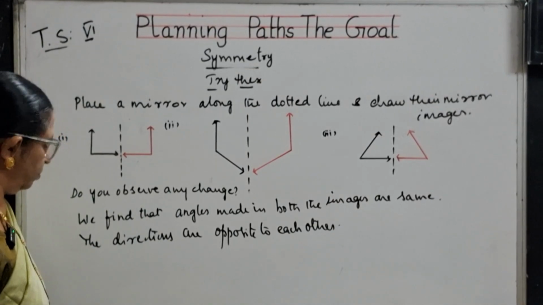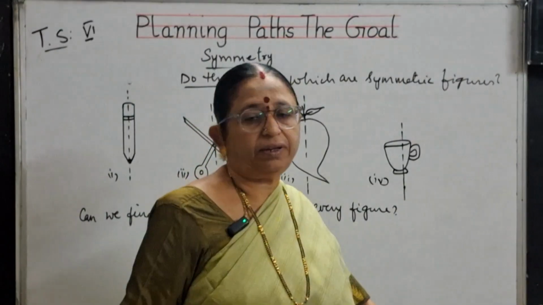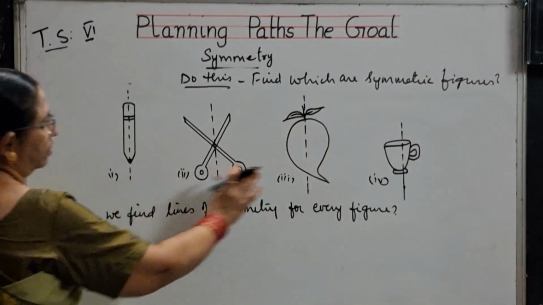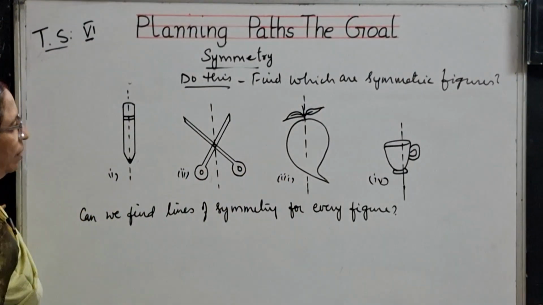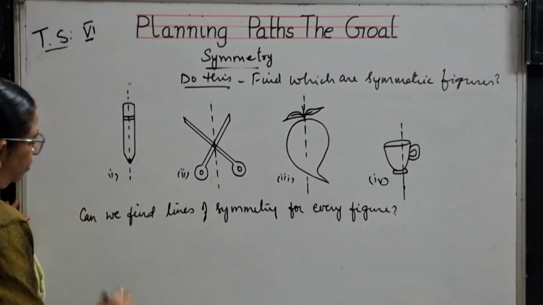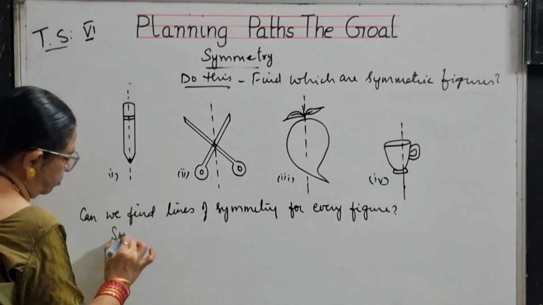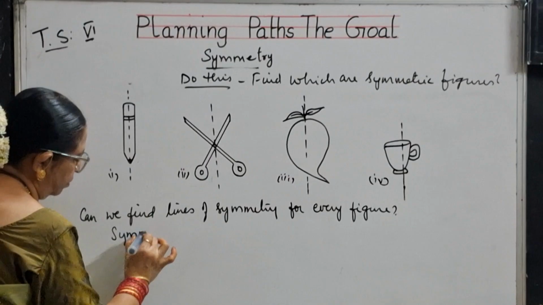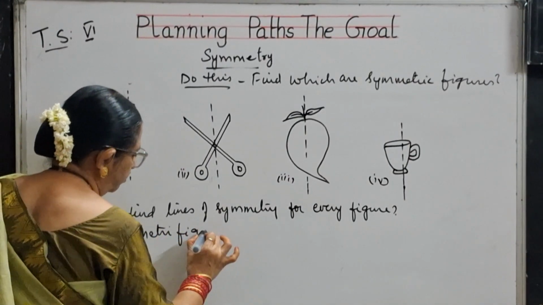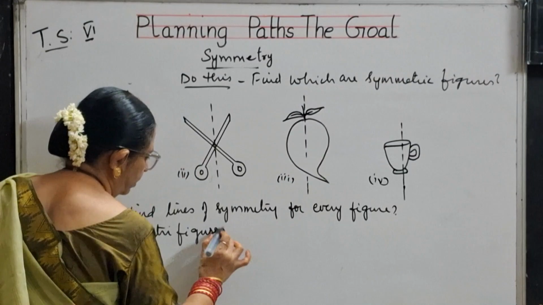Now the next, do this sum, children. They have given figures like this in your textbook, and the question is, find which are symmetric figures. So, first we will write about symmetric figures. What are symmetric figures, children?